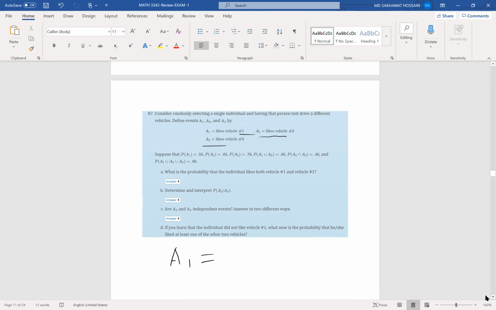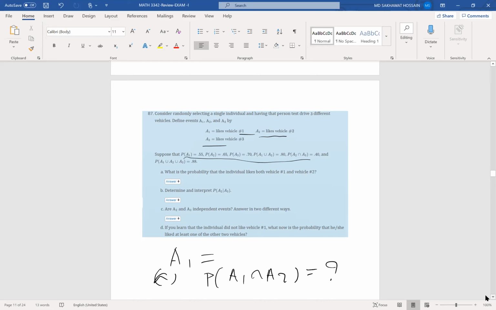We are given some probabilities here. Part A: what is the probability that the individual likes both vehicle 1 and vehicle 2? That means we have to find the probability of A1 intersection A2.